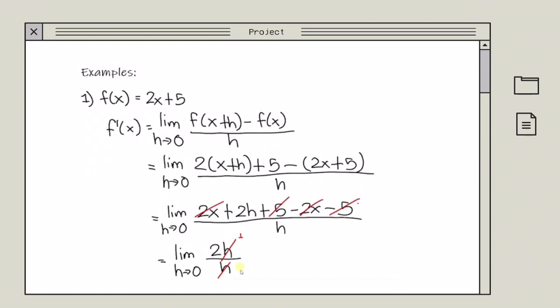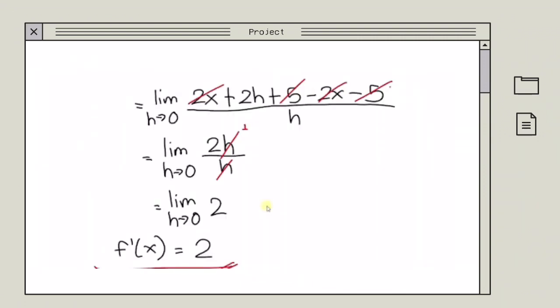Ano ba yung kayan sa numerator? We have 2x minus 2x, this will become 0. 5 minus 5, this will become 0. Ano yung natira? This is equal to the limit of our function, numerator is just 2h. Denominator is just h as h approaches 0. Then we perform our division. H divided by h, that is just equal to 1.